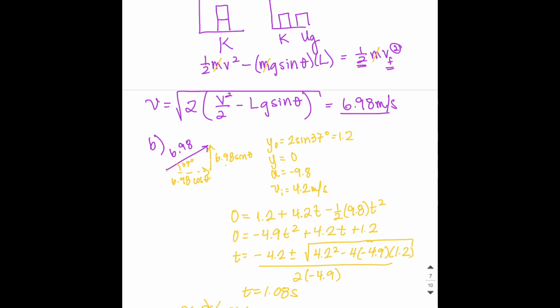And that initial x is just 0. I know my v naught is 6.98 cos 37. So that's going to be 5.57, or let's call it 5.6, times the time. And I get 6.02 as my distance.